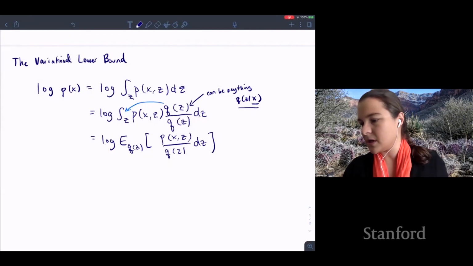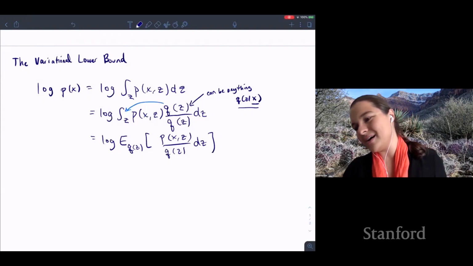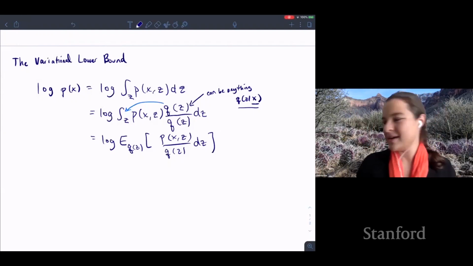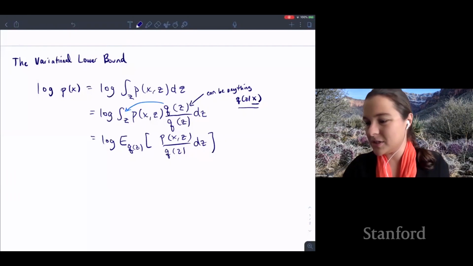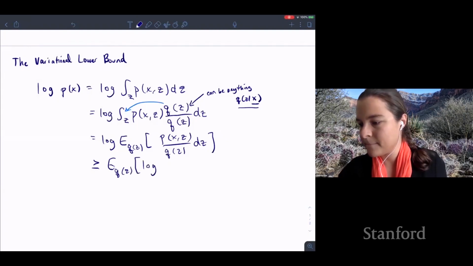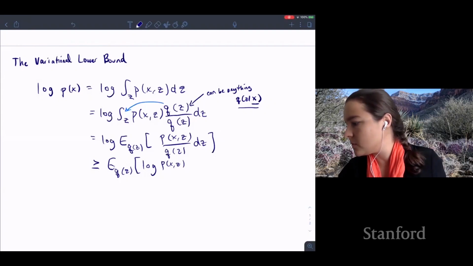Now here's where the bound is going to come in. We want to be able to estimate this by drawing samples from Q of Z. But of course, because we have this log here, that's a bit annoying because the expectation over Q isn't on the outside. And so like was mentioned in the chat, we can apply Jensen's inequality and basically bring the log inside the expectation. I'll write this out a little bit more, and we get something that looks like this when we bring the log inside the expectation.